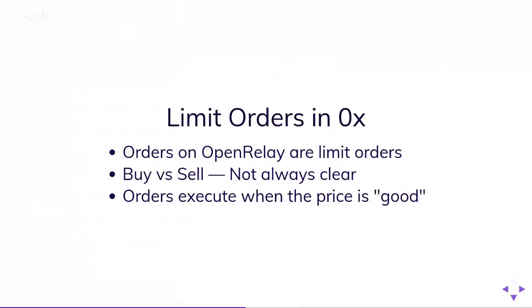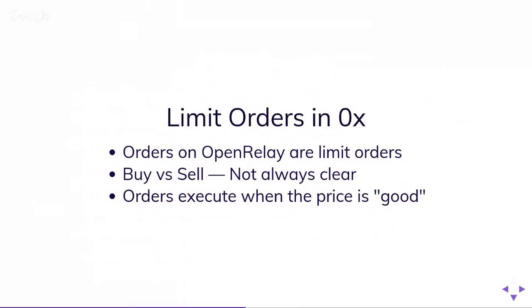But when we're talking about cryptocurrencies and other digital assets, it's not always the case where there is a clear denominating currency like dollars. So a trade of 0x for Digix Gold tokens are not necessarily buy orders or sell orders, but they are still limit orders in that those orders are going to execute when the price is good.